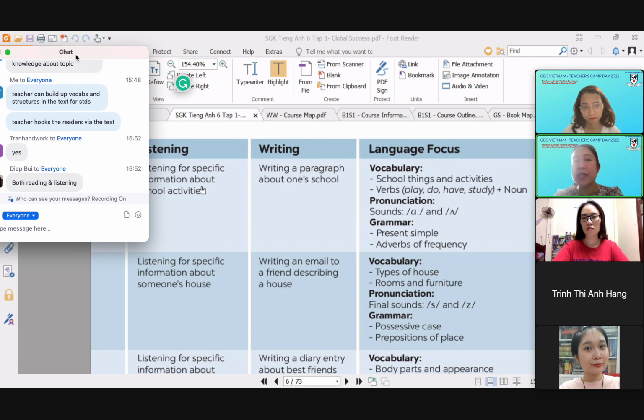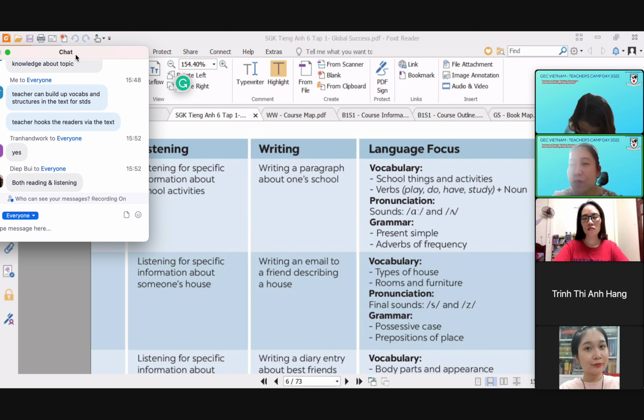So listening here, I assume that it can be connected to writing. However, it can be connected to reading and speaking previously because it extends the understanding of the topic for students, by giving more information, more vocabulary and structures.